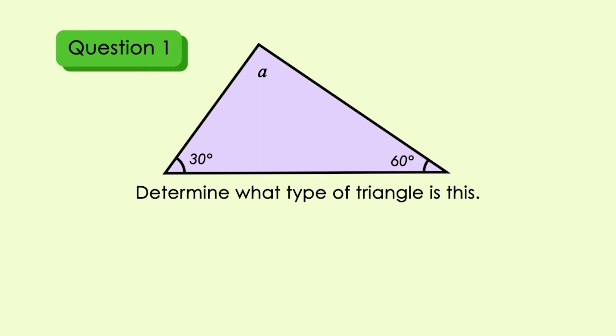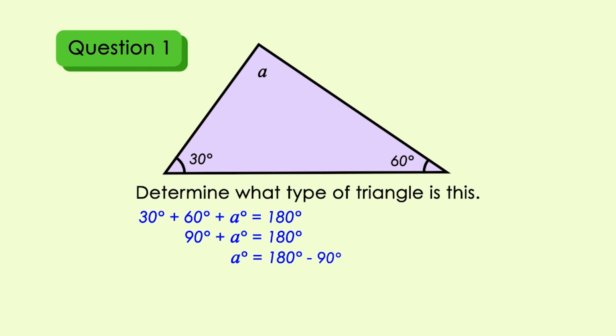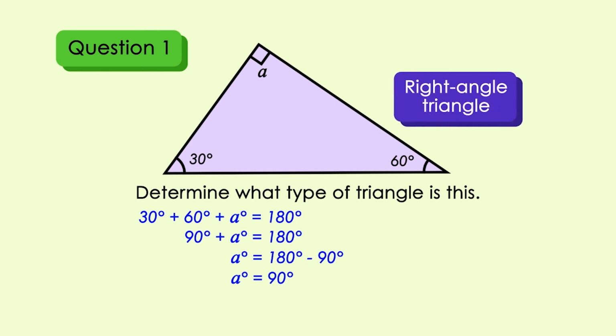Here, I am going to add 30 degrees to 60 degrees to get 90 degrees. Then I am going to subtract 90 degrees from 180 degrees. So, my remaining angle is 90 degrees. Aha! This looks like a right-angled triangle. Thumbs up if you answered correctly.